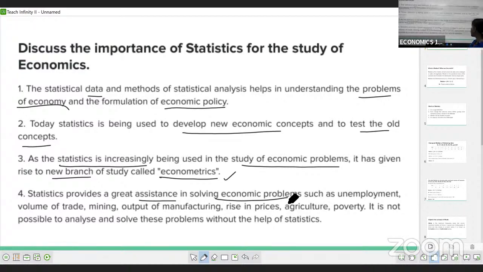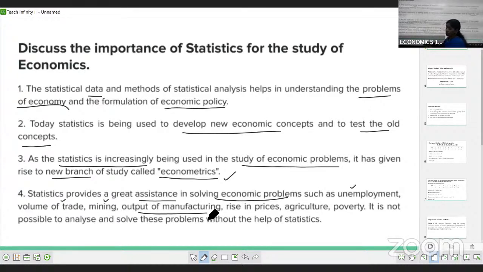As you know, there are so many problems in economy, like the unemployment problem, the poverty problem, the volume of trade, the mining problems of extracting minerals from the mines, and the output of manufacturing.